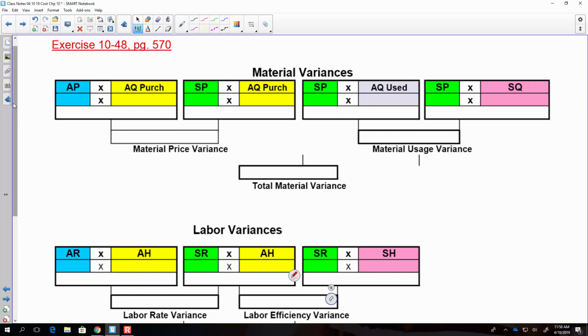So, reading A, B, and C, what can we fill out here? What numbers can we fill in here? Page 570.